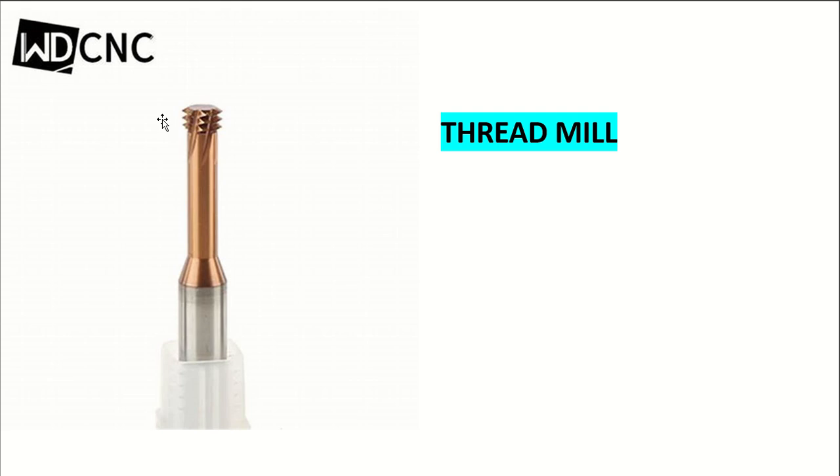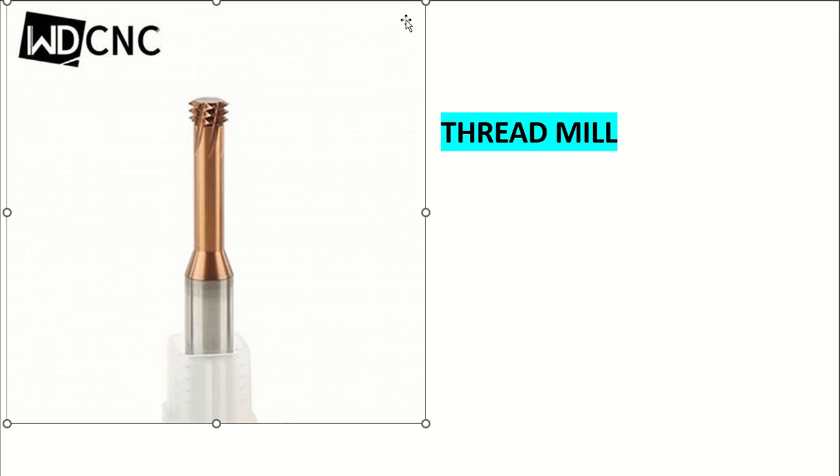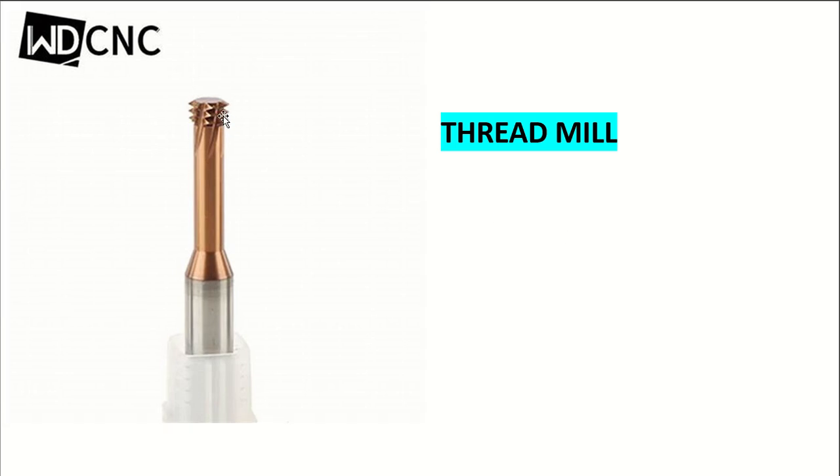So at those times, for hard materials, we compulsorily use a threadmill. Same function as the tap. We are using it in an interpolation program. The programming is also completely different for the threadmill. In this one there is a left-hand threadmill and a right-hand threadmill. We have to select the cutting direction. We have to identify the cutting direction.